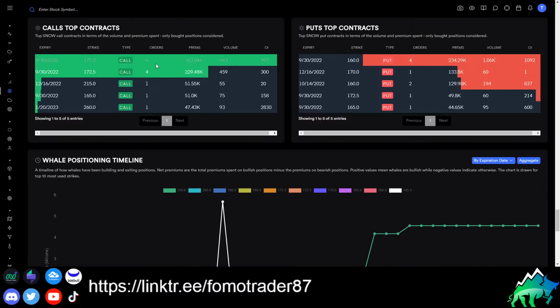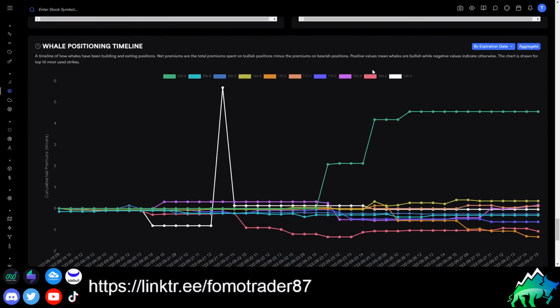So we had 6 orders expiring this Friday for the 175 calls. And then we also had 4 orders for the 172.50 calls. But on the flip side, we had 4 orders for the 160 puts with the same expiration. So this one could go either way.